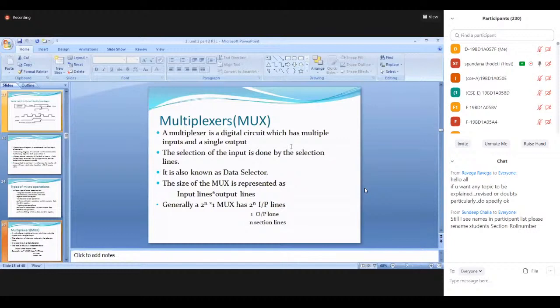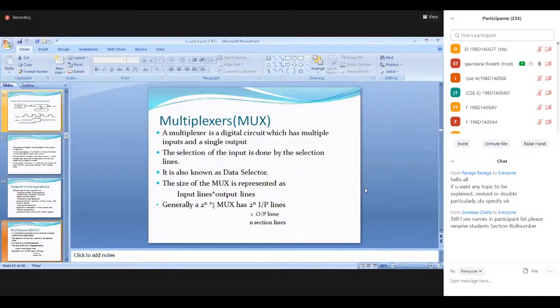Okay, right? Whenever you want to represent the size of a multiplexer, you can represent it as 2 power n by 1, which means the number of input lines is 2 power n and the number of output lines is 1. Along with the input and output lines, you will have selection lines for a multiplexer. What is the need of the selection line?